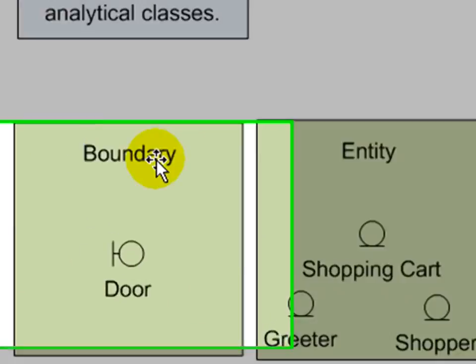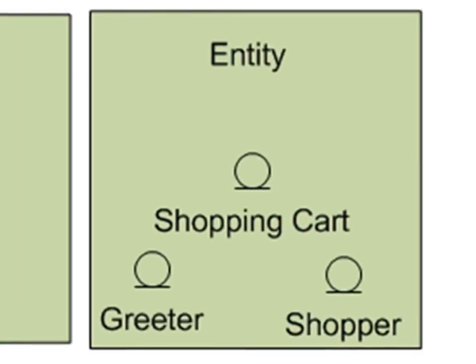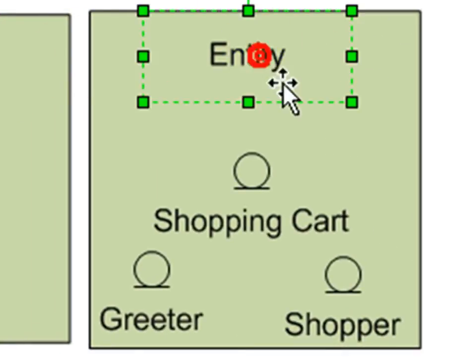So my boundary is my interface to this particular use case, and the interface in this use case is the door. The customer will walk through the door. My entity classes are classes that specifically pertain to this business process and what's really involved. What are the business things?